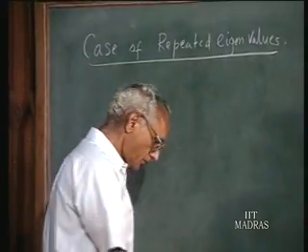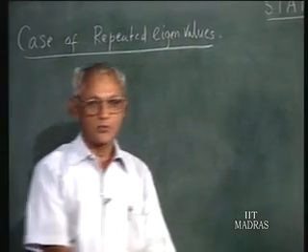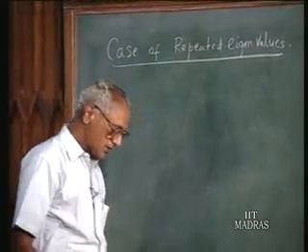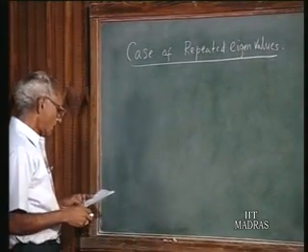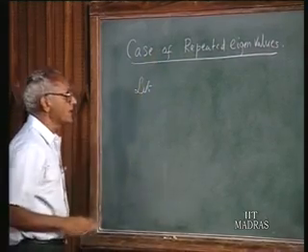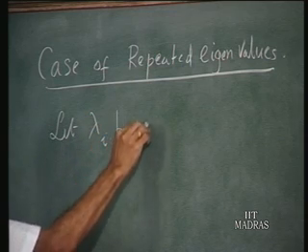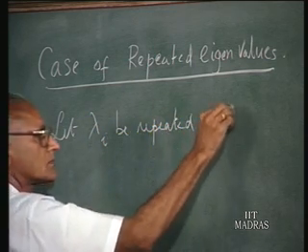Do we run out of equations? Do we have enough equations to solve for the n unknown coefficients, C coefficients? So we will see this does not create any special difficulty. So let us take the case of repeated eigenvalues, let a particular eigenvalue lambda I be repeated r times.